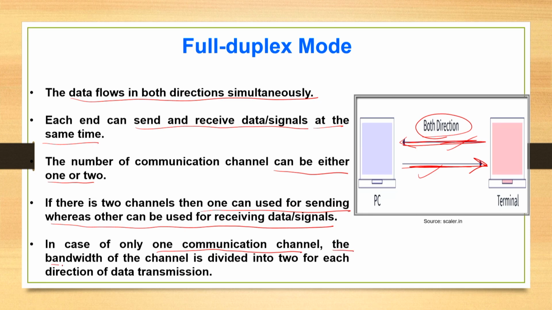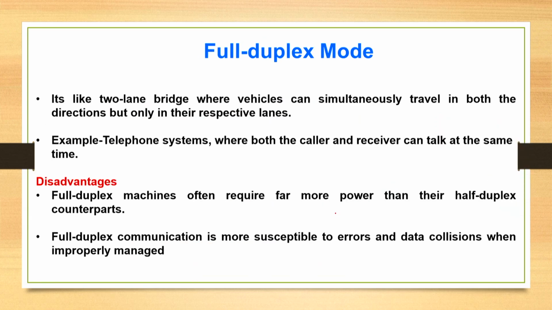The bandwidth of the channel is divided into 2 for each direction of data transmission. So it's like a two-lane bridge where vehicles can simultaneously travel in both the directions but only in their respective lanes. Example is a telephone system where both the caller and receiver can talk at the same time.